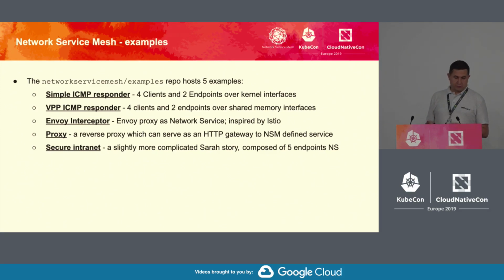We have the Envoy interceptor, which Fred is going to show in 2 minutes. We have a proxy, which is essentially an HTTP reverse proxy that serves as a gateway to network service mesh from the HTTP world. And we have the secure internet, which is essentially, if you have seen already our story about Sarah and her VPN problems.